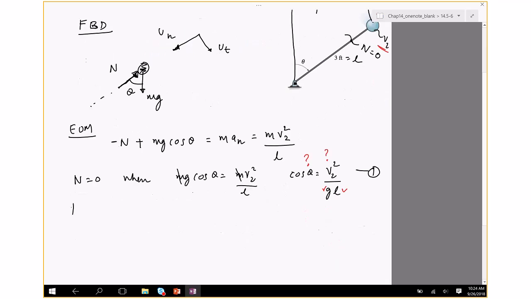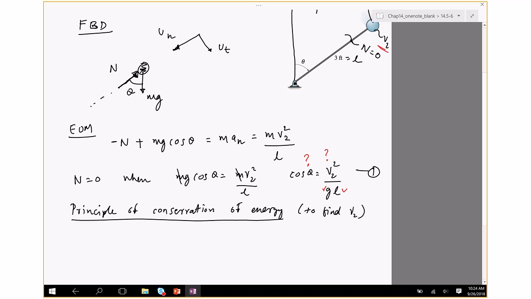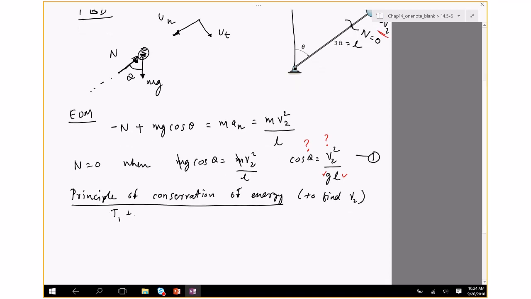So principle of conservation of energy, this is to find v2. So T1 plus V1 equals T2 plus V2.